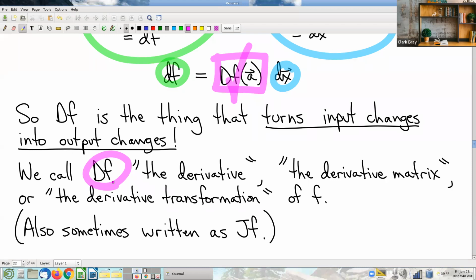If you really want to distinguish them, sometimes people will use J to represent the matrix and reserve DF for the linear transformation. But we're not going to make such a distinction in this class. J for Jacobian, by the way, for Jacobi, a mathematician who did some of this work.